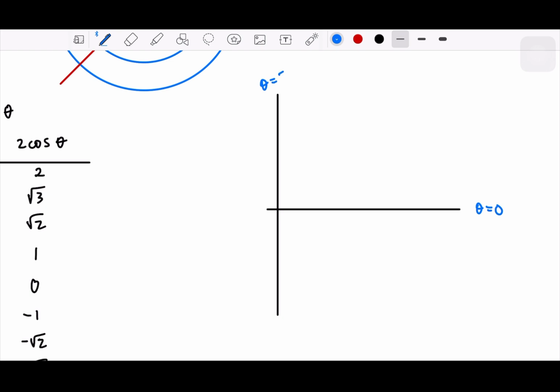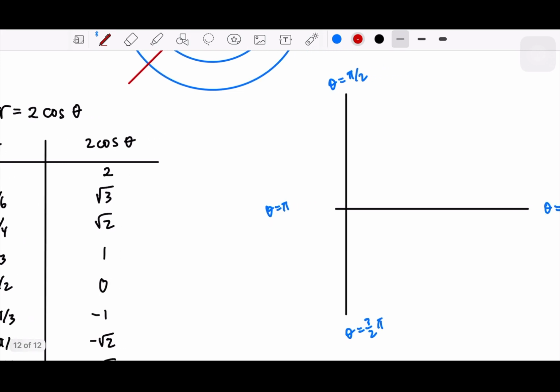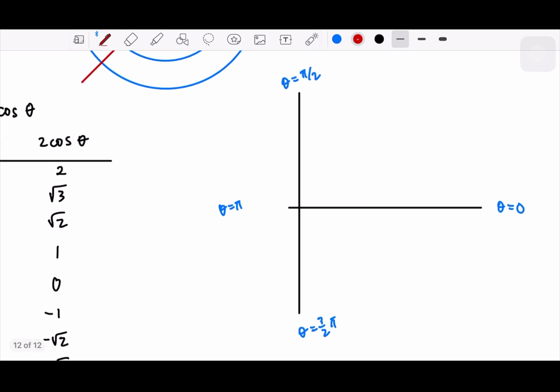Theta equals pi over 2, theta equals pi, 3 pi over 2, and 2 pi. Let's start with theta equals 0, having 2. Maybe 2 is here.